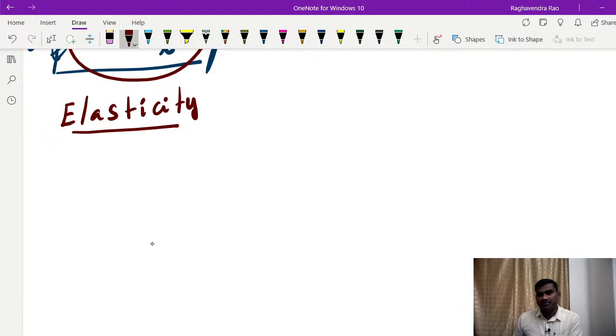In the case of stress, one of the important models is this. For example, we have taken a string, and to this string a stone is tied. This is fixed at this point, and the stone is revolving in a circular path.